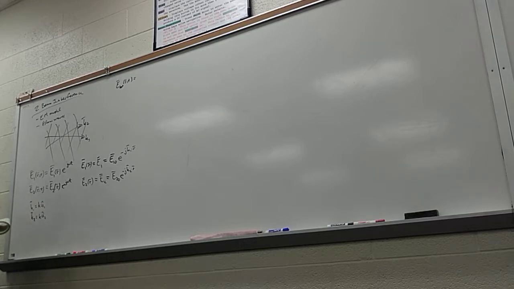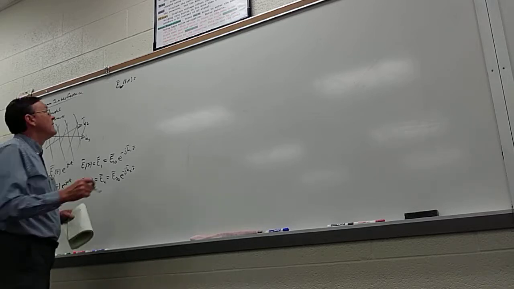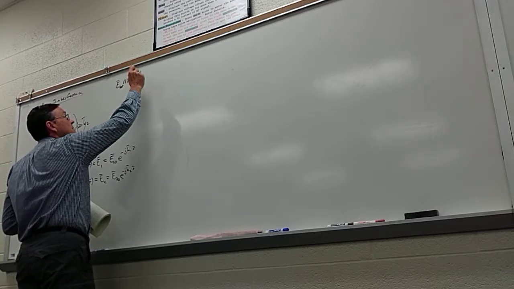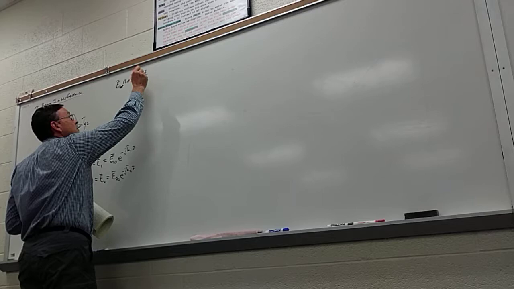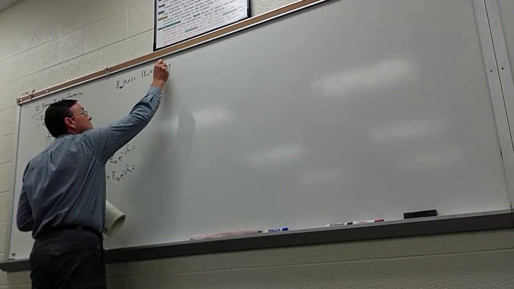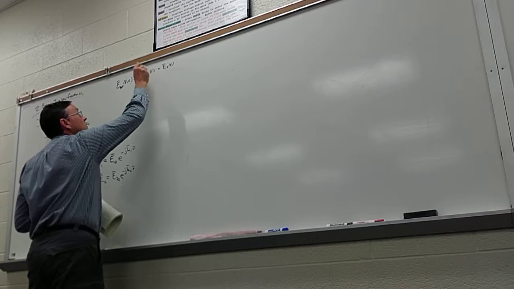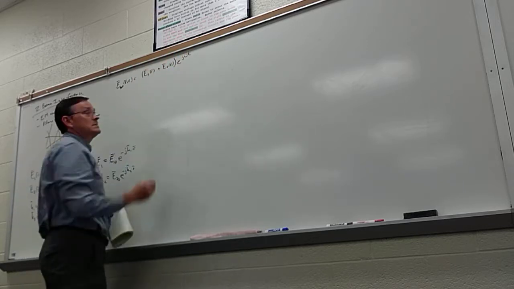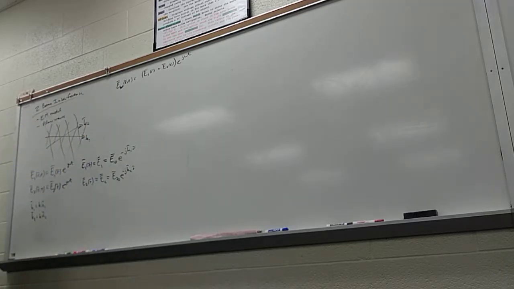And so if I write those down and collect the common complex exponential, I can write it as E1 of r plus E2 of r, and both of those are vectors, times e to the j omega t. Right? So I've just plugged in these two and pulled out the complex exponential.